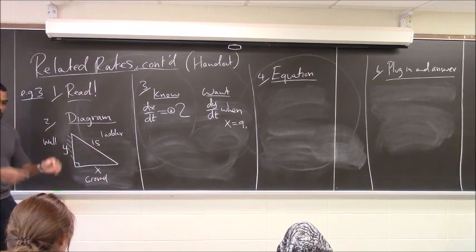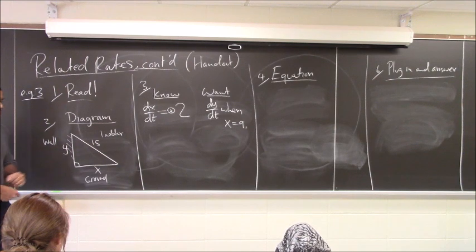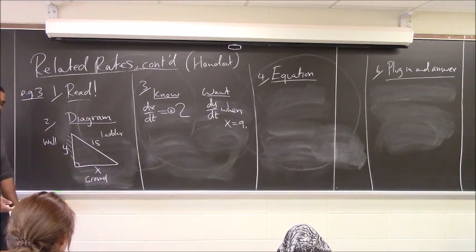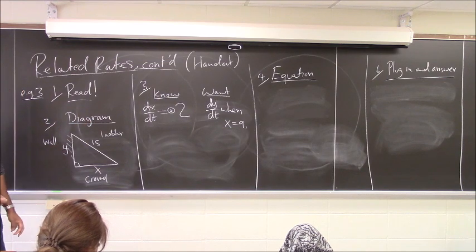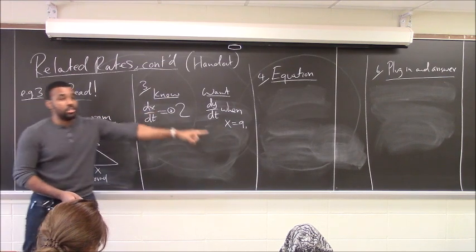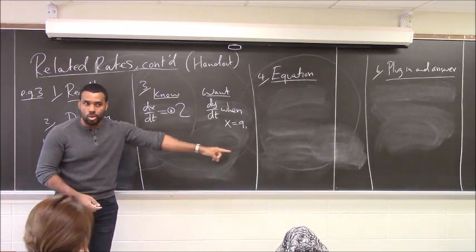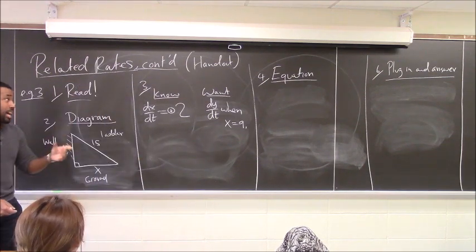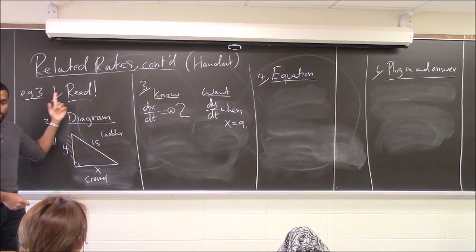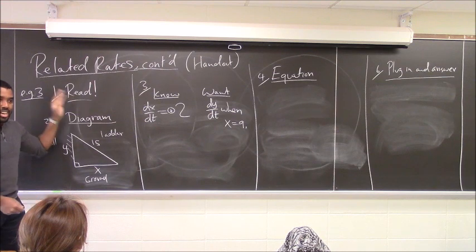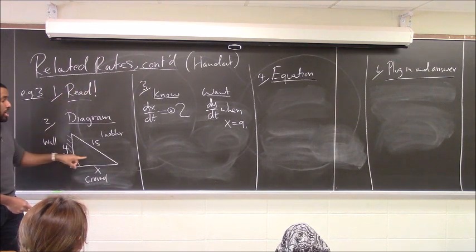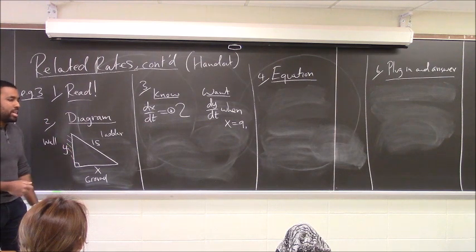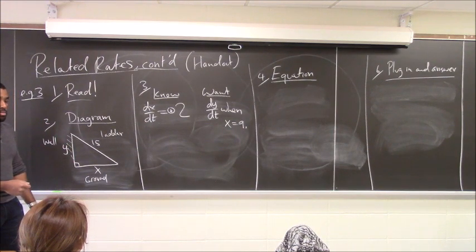So again, by reading the problem very carefully, really understanding the situation enough to draw a picture, you can sort of know where your answer should live. If you end up with a positive answer at the end of this, you know you're wrong. Things like that all come from reading. Step 1 is super important. I don't really write anything here, but a lot of things need to be considered here: that you set up the diagram correctly and you have an idea of how things are going to work.